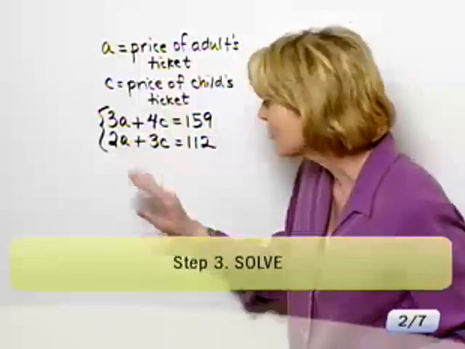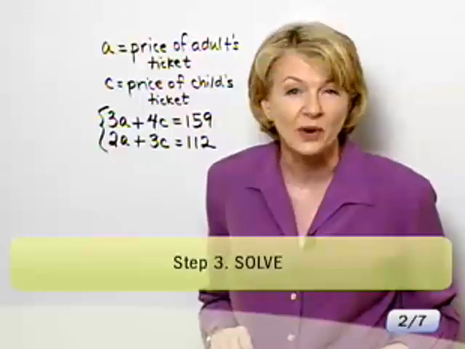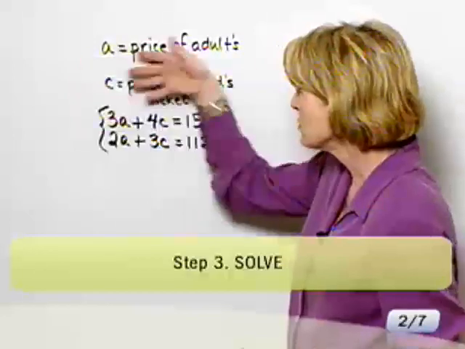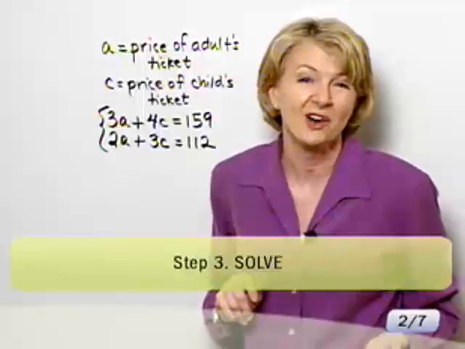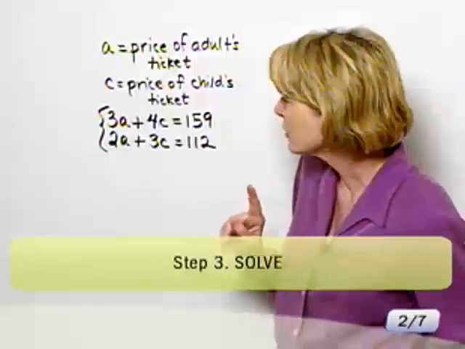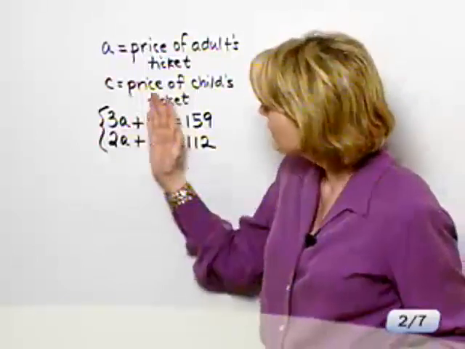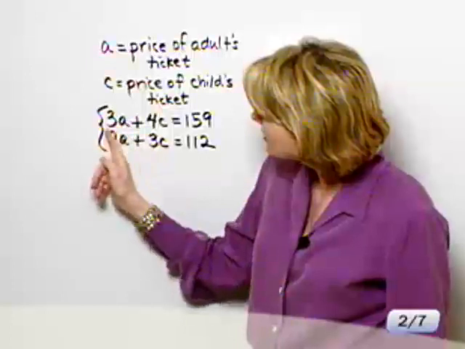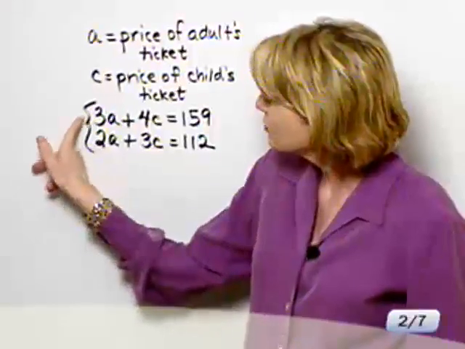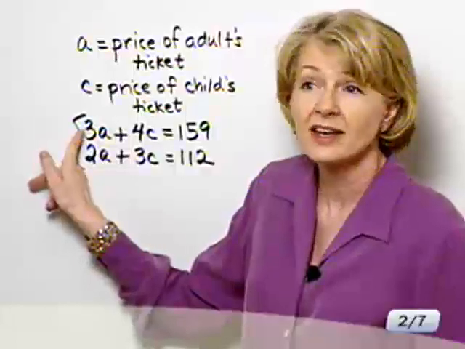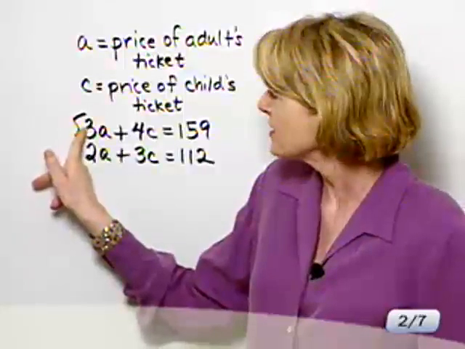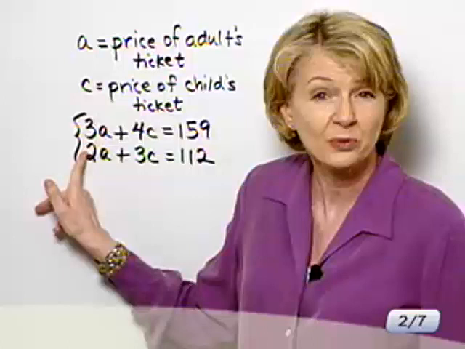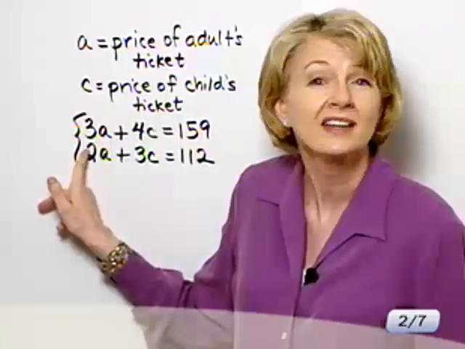You need to solve this system of equations for A and for C. So for the moment, forget that it's an application and solve this system. I'll talk about it a moment and I'll let you solve. If you want to eliminate the variable A by making these coefficients opposites, you can multiply the top equation by, say, -2 and make this coefficient -6, and the bottom equation by 3 and make this coefficient 6.